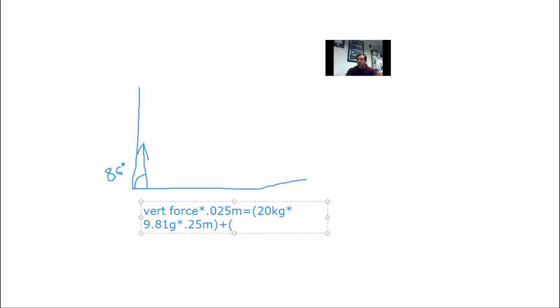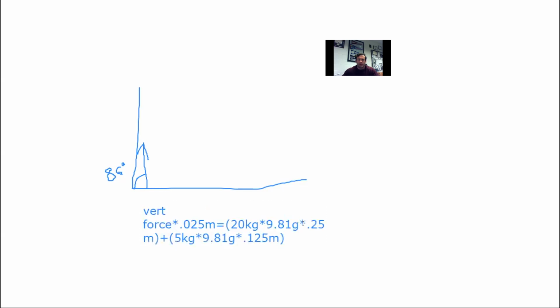Then plus an arm that weighs 5 kilograms times 9.81 gravity times our center of mass, which is 0.125 meters. So that's going to give us our vertical force. Wow, that's ugly.